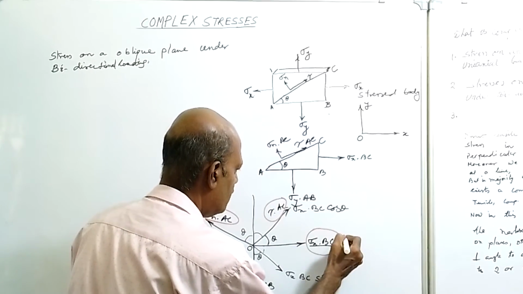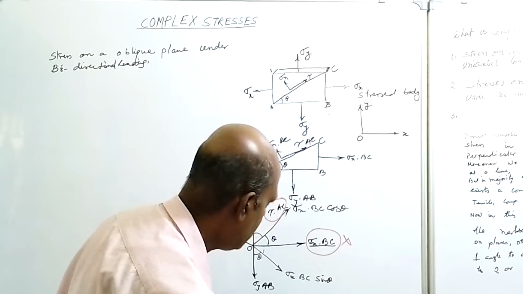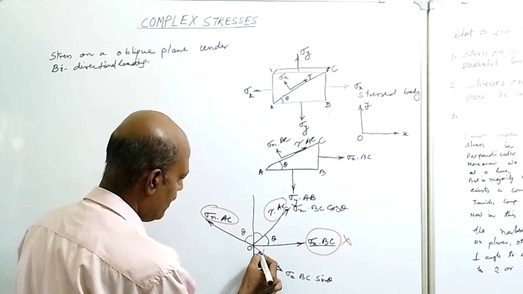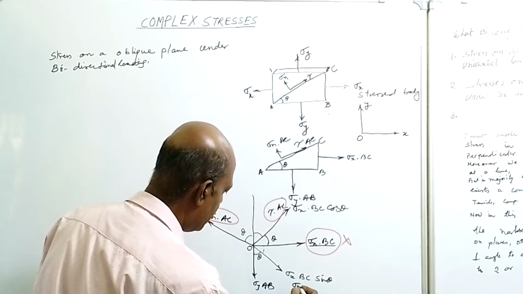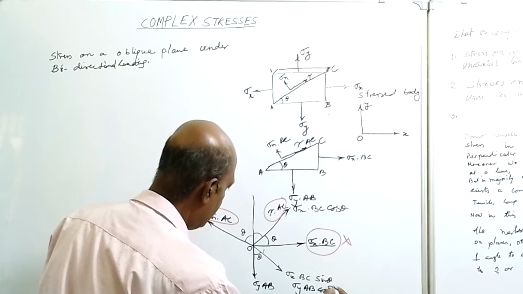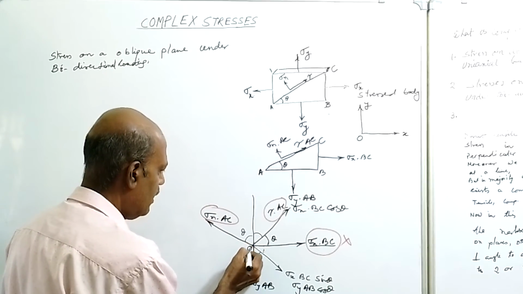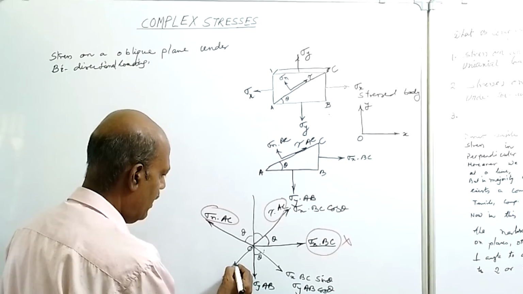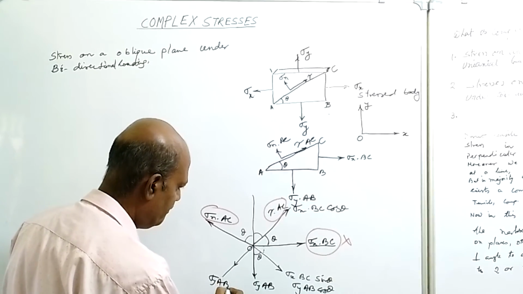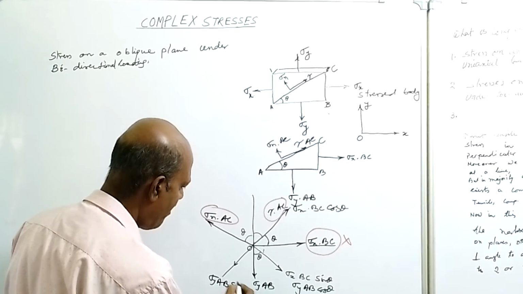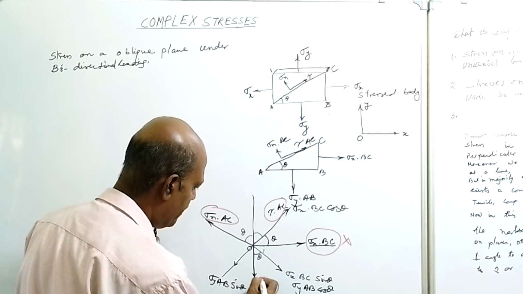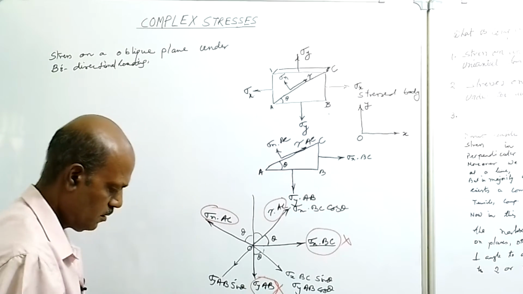Next we will resolve this sigma y into AB. This angle is theta. So in this direction will be sigma y AB cos theta, and perpendicular to this direction, along this direction, will be sigma y AB sin theta. And this is resolved, sigma y into AB is resolved, so we are removing this.